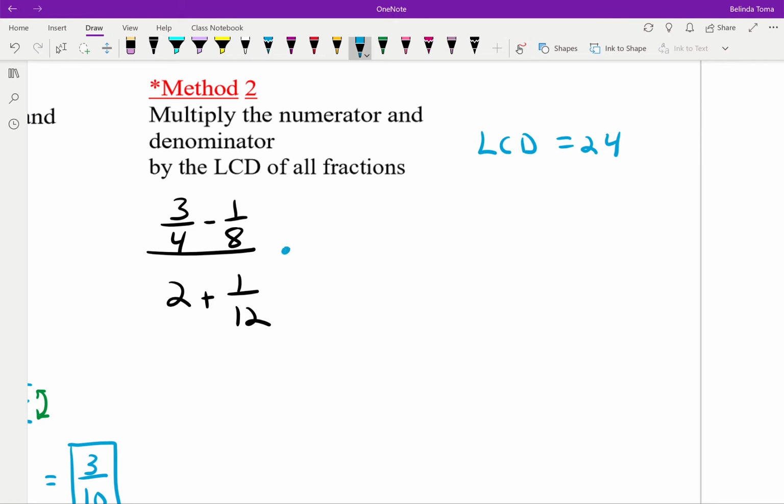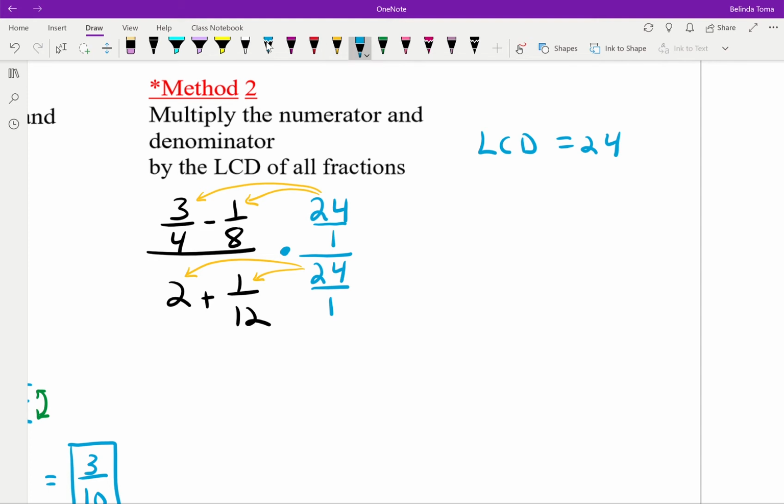So what I'm going to do is multiply, and I'm going to write this over 1. I don't always, but I want to make sure that you see where this is going. By using the LCD of all of those denominators, I am going to be able to eliminate the fractions that are in both the numerator and the denominator of this complex fraction.